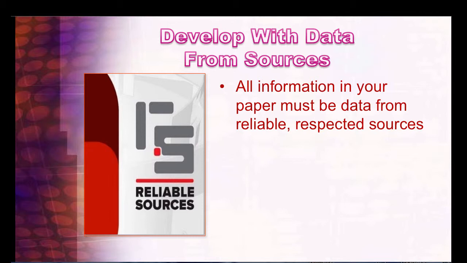You may not use .com, .org, .net, or .edu websites without prior permission. You can use .gov websites, and of course you can use the Statistical Abstract of the United States.